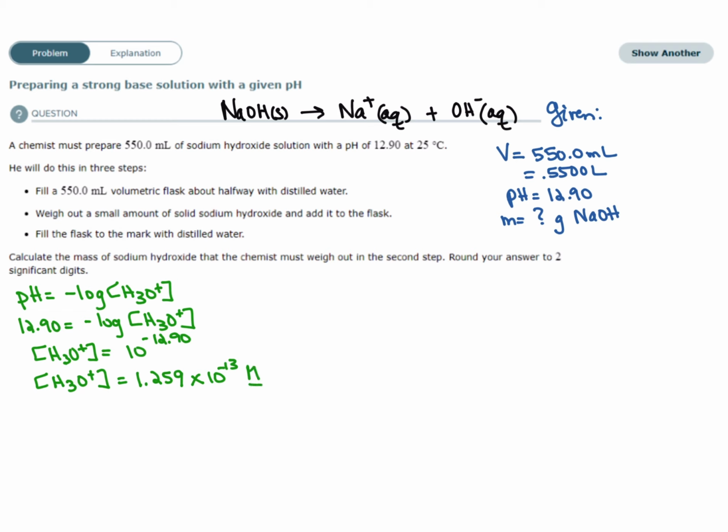Now that I have my concentration of H3O+, I want to go in the direction of the concentration of OH-, since this is a basic solution. I can relate the concentration of H3O+ to the concentration of OH- using the Kw formula, which is Kw is equal to the concentration of H3O+ times the concentration of OH-.